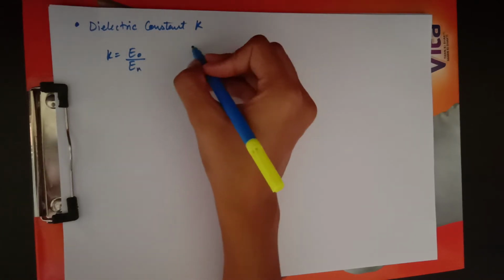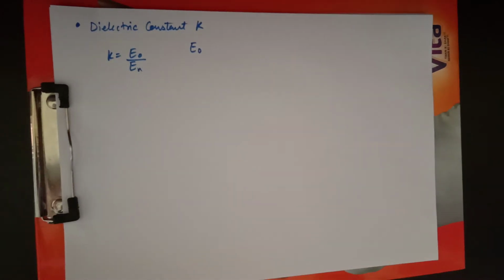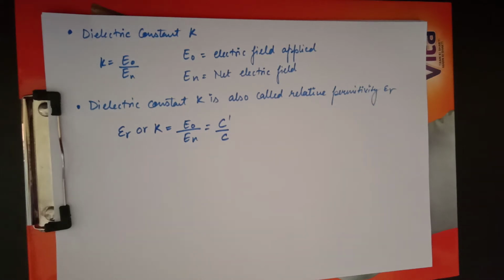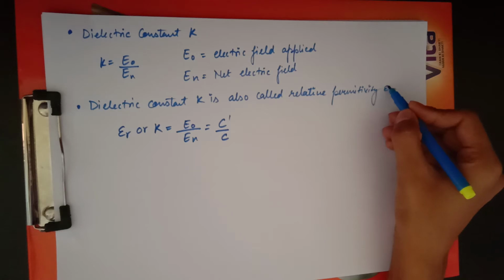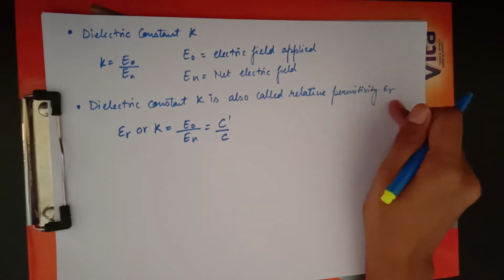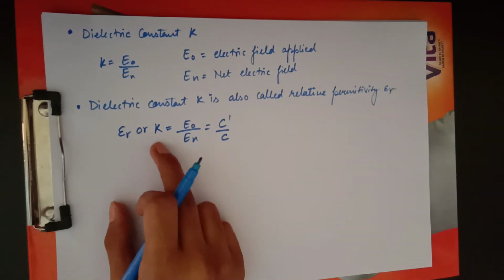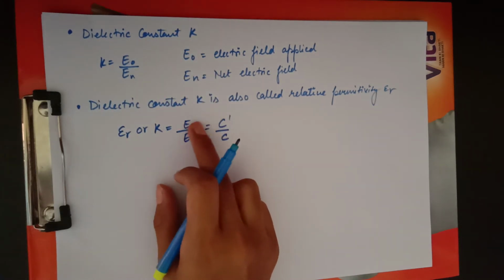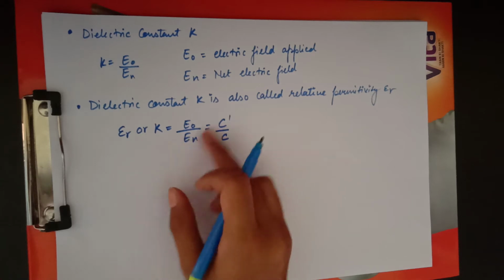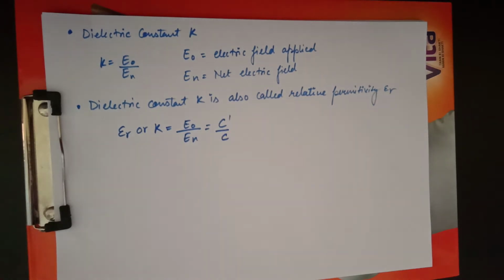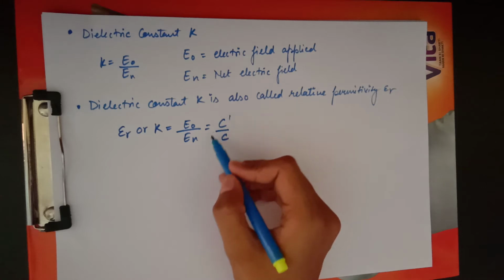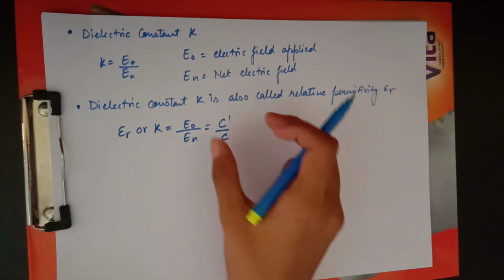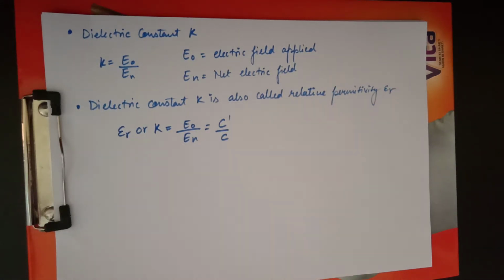So I can write it here: E naught upon E. The dielectric constant K is also called relative permittivity, denoted by epsilon R. So epsilon R or capital K, your dielectric constant, is equal to E applied upon E net, which is equal to C dash upon C, where C dash is the capacitance when the dielectric is introduced, and C is the capacitance when there is vacuum or air.